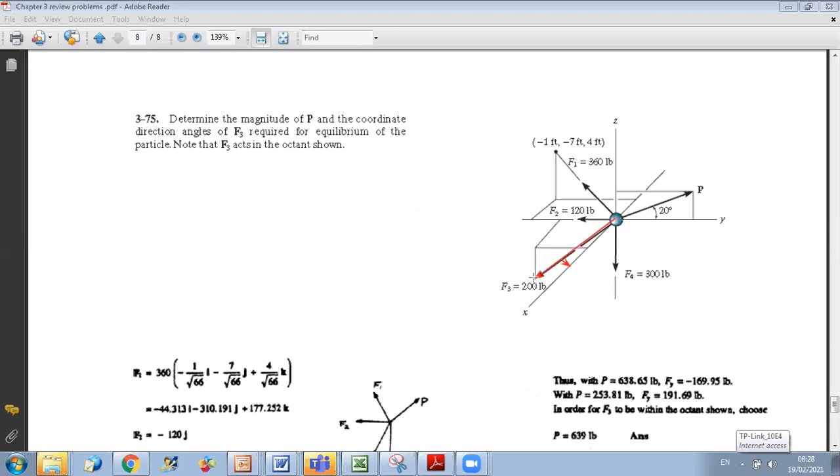If you project this point, you can know the components of this point. This point has a negative component along Z, a positive component along X, and a negative component along Y.